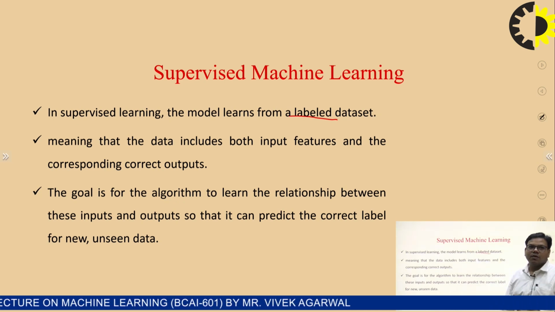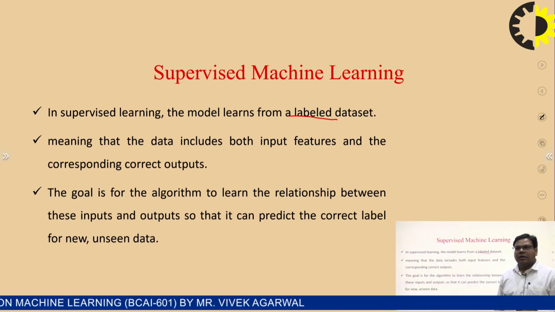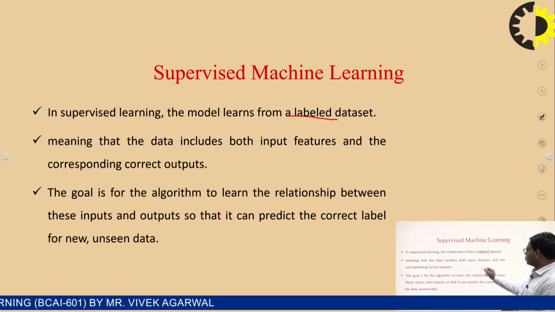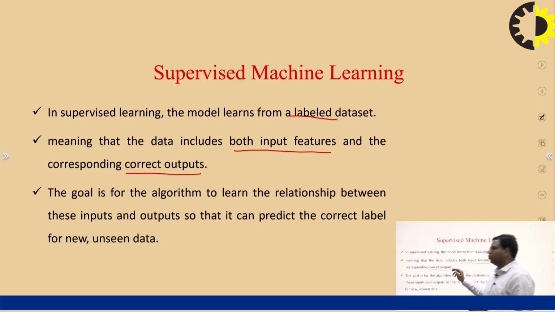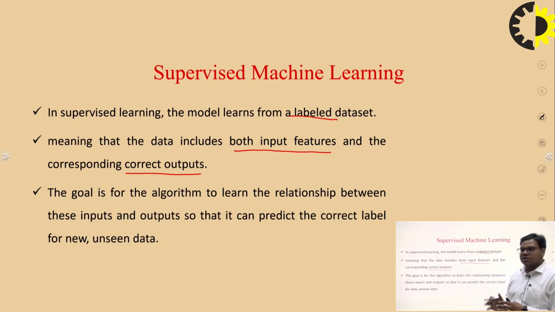This is the main point which summarizes supervised learning. We have both input features, labeled input features, as well as the corresponding outputs. In supervised learning, both are present: proper input features and the expected outcomes are properly available.